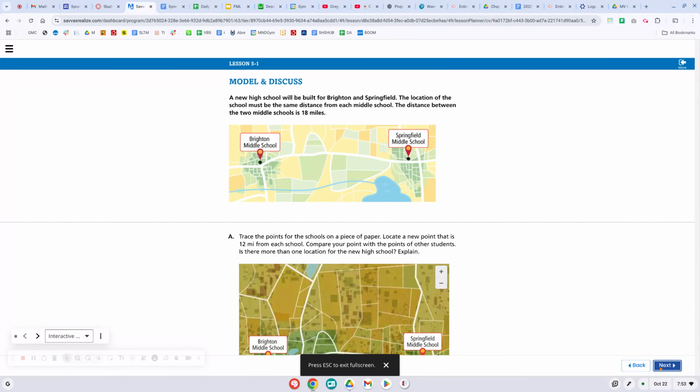So look, if you wanted to build a new high school in between Brighton and Springfield Middle School, you would have to construct a perpendicular bisector. And now you can build the high school anywhere on this perpendicular bisector.